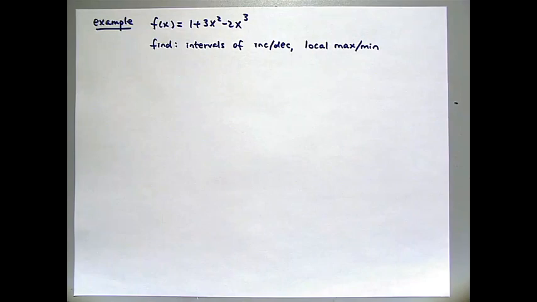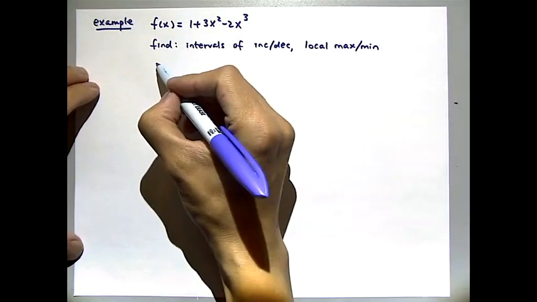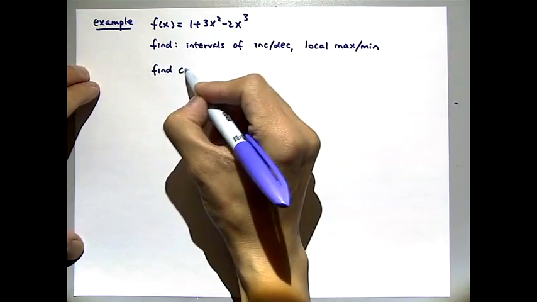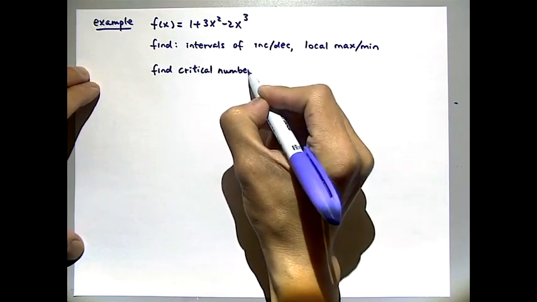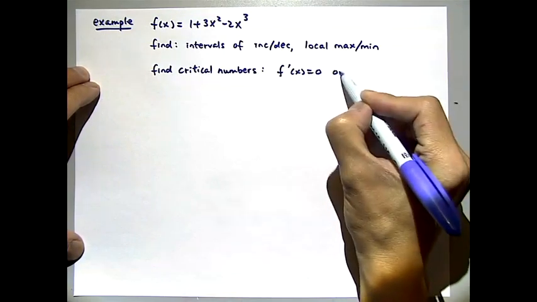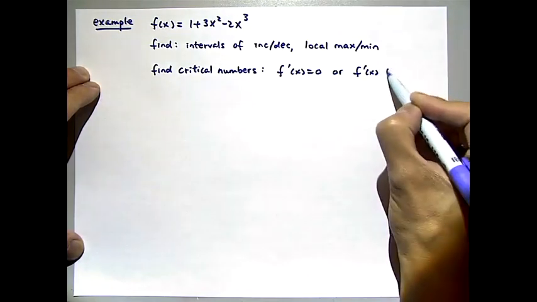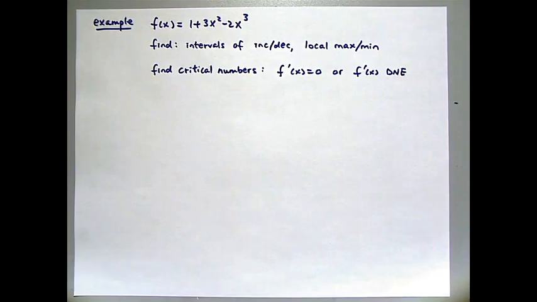All right, so we've got to start by finding out where the critical numbers are. Those are potential locations of the maximum and minimum. So let's do that first. Gotta remember, critical numbers are where the function has a zero derivative or the derivative does not exist.